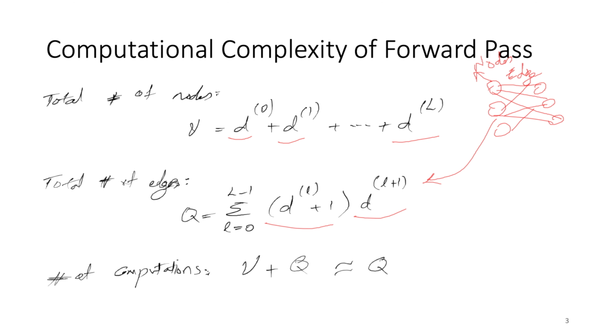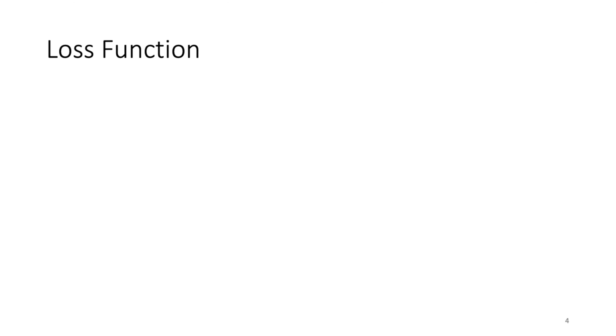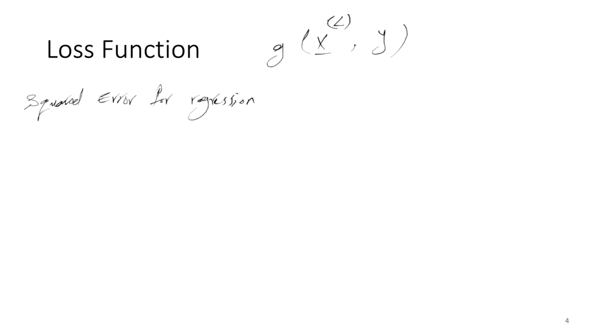All right. As before, let's see how we're going to calculate the loss function. It's going to be pretty straightforward, just like before. We use the squared error in this case. So e(x_L, y) is going to be your x_L that you calculated minus y, which was the true label, squared.